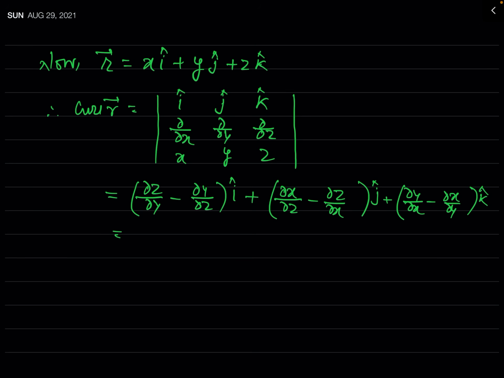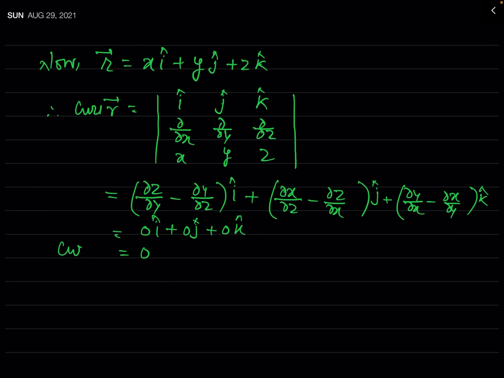So when you take the partial derivative of z with respect to y or partial derivative of y with respect to z, all these will be 0. So inside the bracket all the partial derivatives are 0. So you can write it 0i plus 0j plus 0k, and you can also say that this is simply 0.